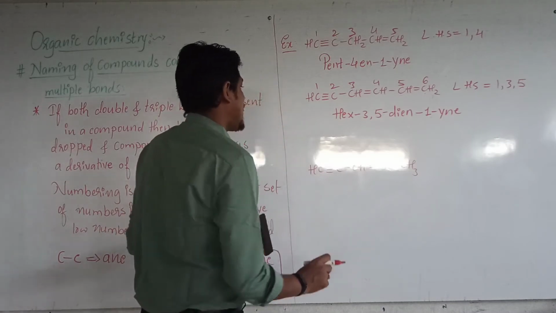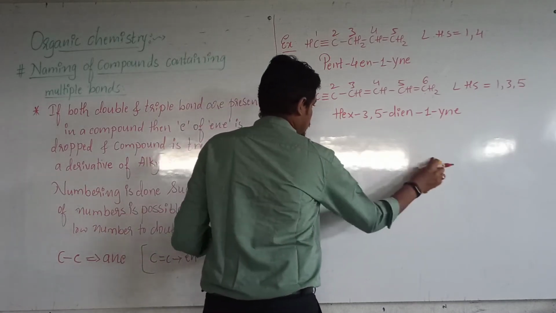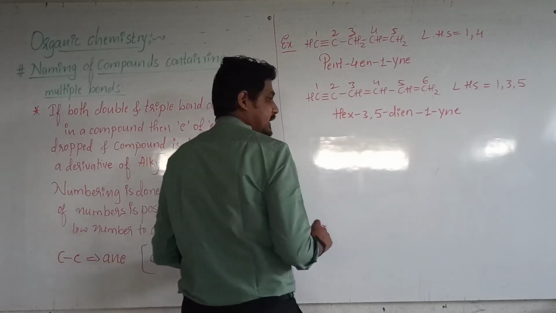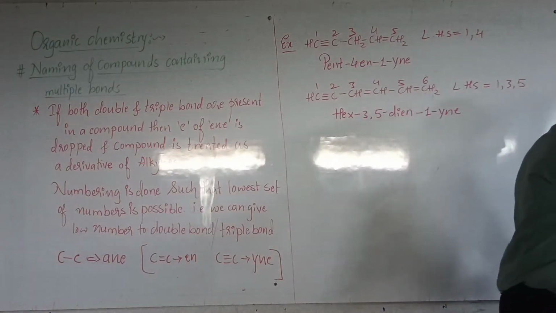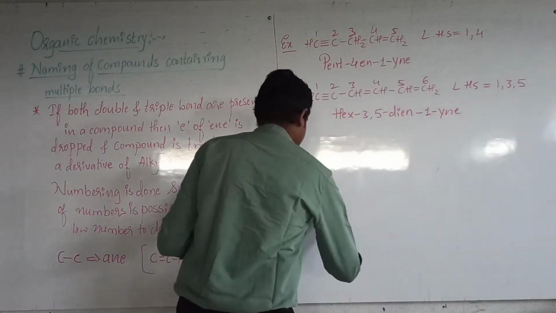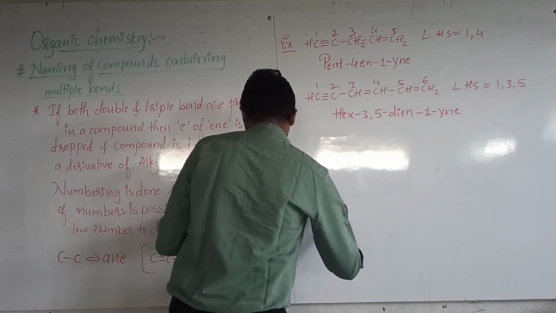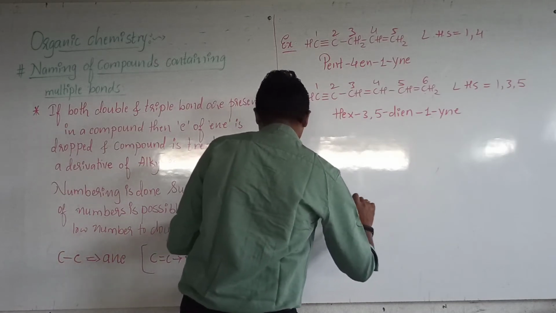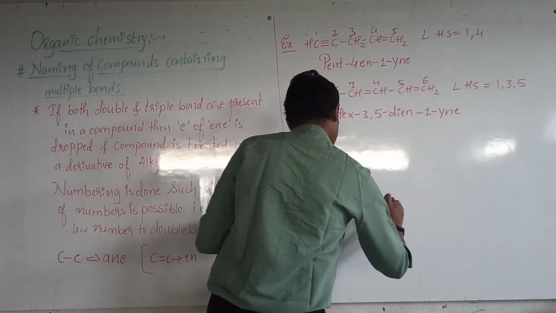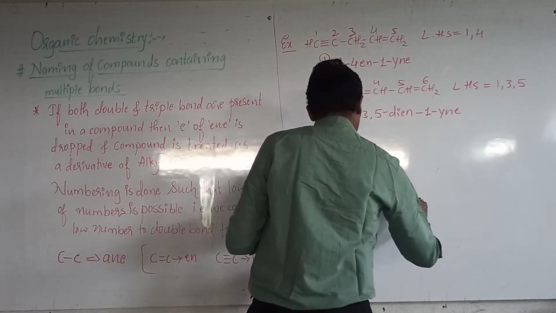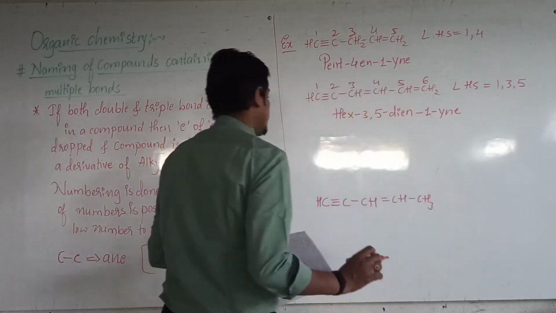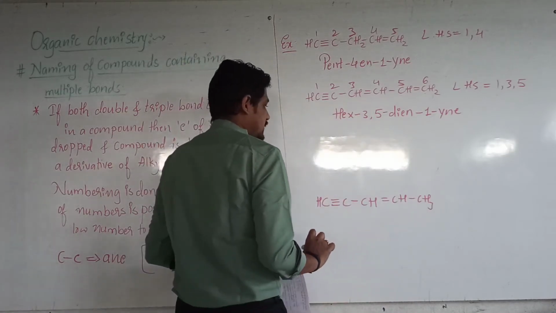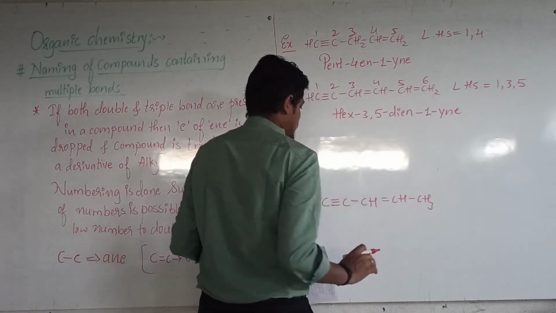Okay, then the last one. This may not be visible for you, so again I'll write it. It will come as CH triple bond CH, double bond CH, CH3. So a simple compound. Again you can go from the RHS side or LHS side.